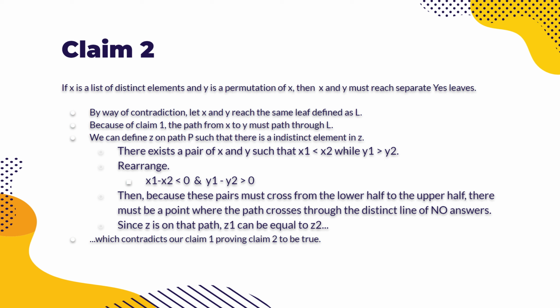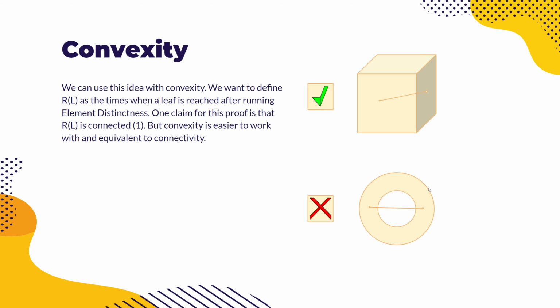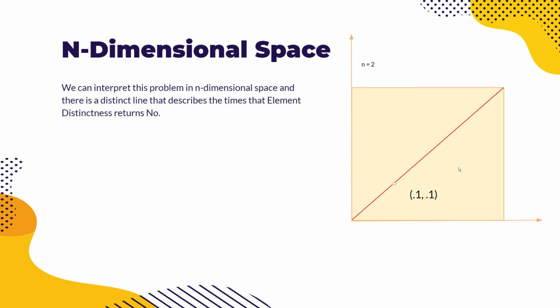Then, because those pairs must cross from the lower half to the upper half, there must be a point where the path crosses through the distinct line. So, since it's up here and down here, there must be a line going from here to here that crosses straight through this no line.